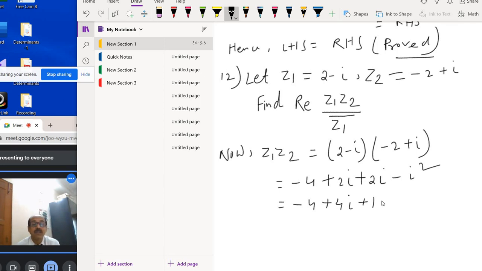Equal to minus 3 plus 4i. Okay, this is z1 z2.